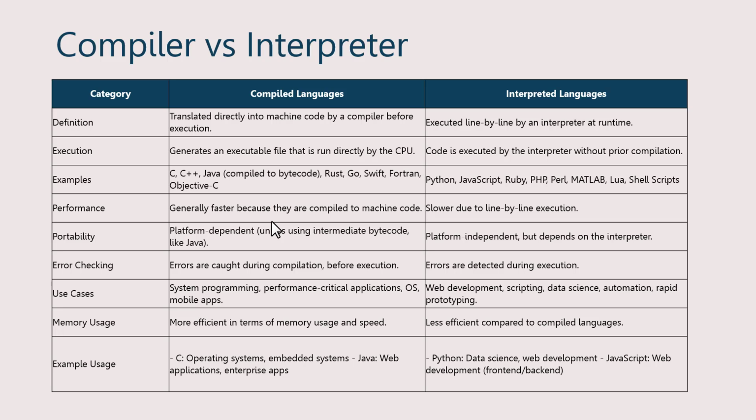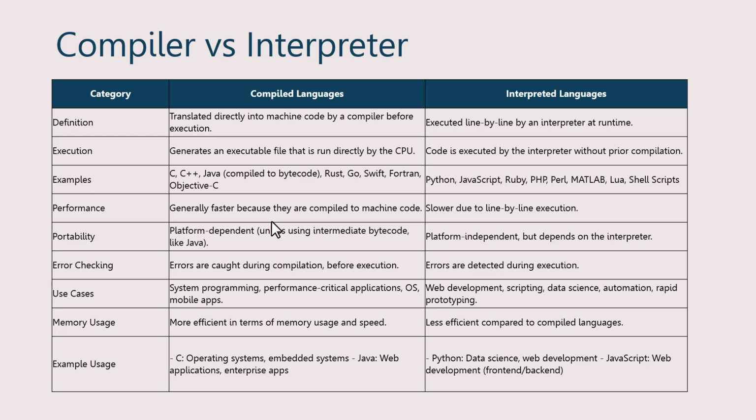And when it comes to memory usage, compiled languages are more memory efficient, whereas interpreter languages are less memory efficient. And again, some example use cases where we will use a compiled language are operating systems and embedded systems, for example, if you want to embed a program into some VLSI devices, compiled languages are very useful.